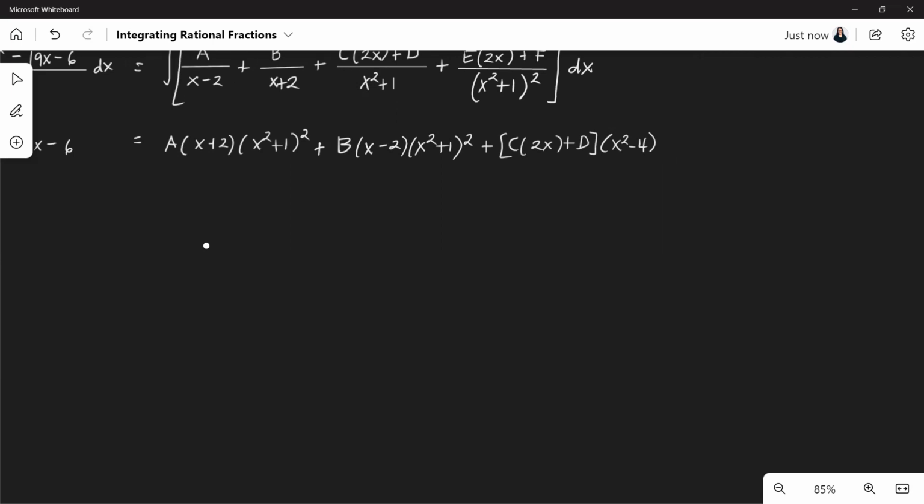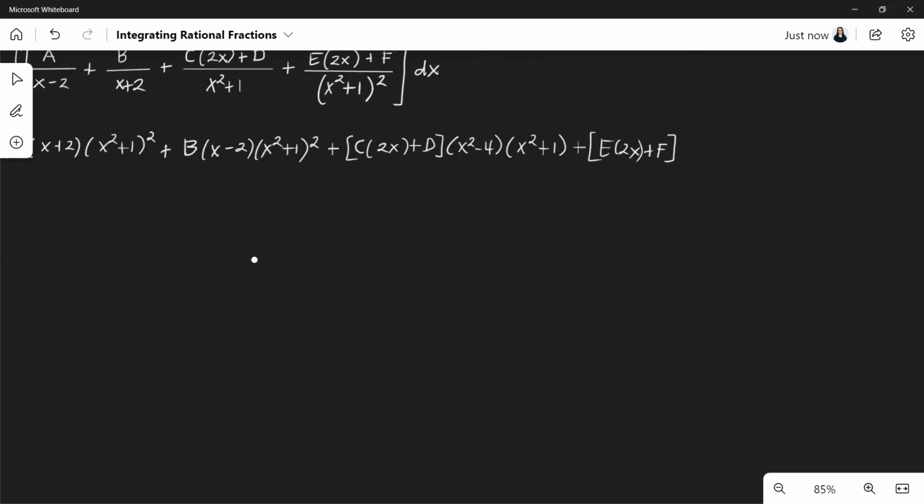So just write it as x squared minus 4 and the remaining x squared plus 1. And then plus E times 2x, okay, plus F multiplied by x squared minus 4.